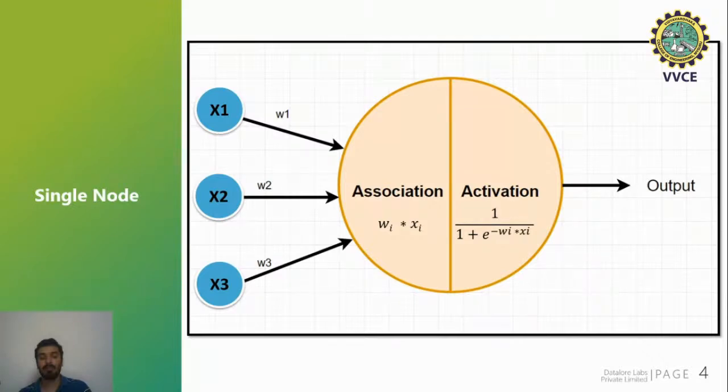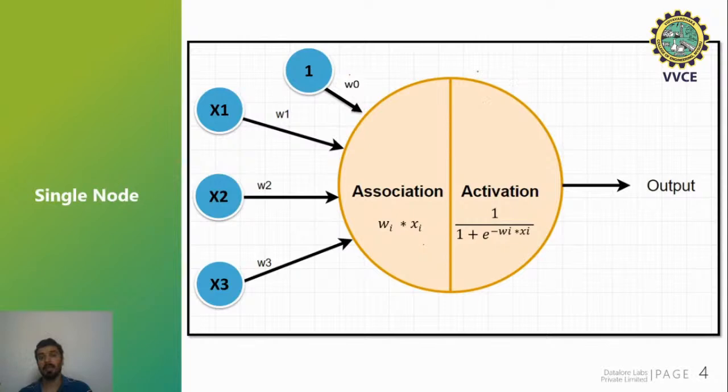Just like how you have an intercept in linear regression, you have something called a bias neuron in a neural network, and the value of that bias unit is always 1. Whereas these neurons will take input values, this bias neuron will always have the value 1. And the weight associated with that will be, let's say, w0.